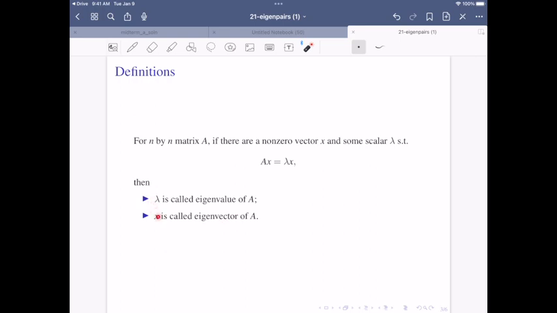So lambda and x together are eigenpairs. Very often, for an n by n matrix A, we can have n eigenpairs, but not necessarily always. Just keep in mind that there might be multiple eigenpairs for an n by n matrix.